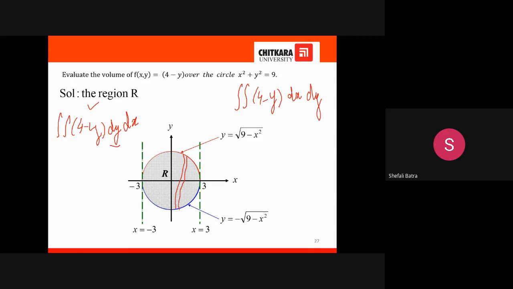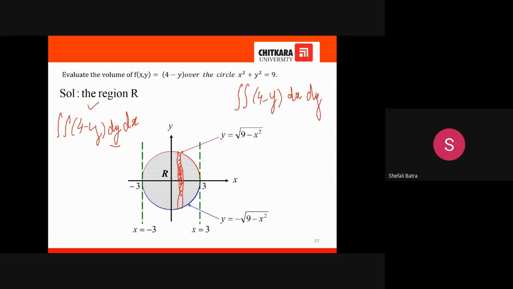It is a straight strip, beta. Okay, let me try again. I'm making a strip parallel to y-axis, because I'm writing here dy. I'm just shading it, nothing more than that.